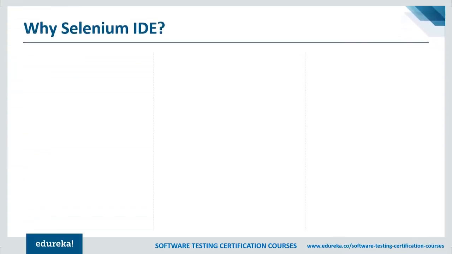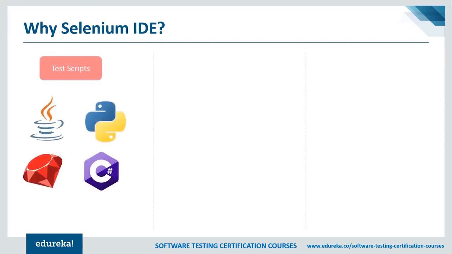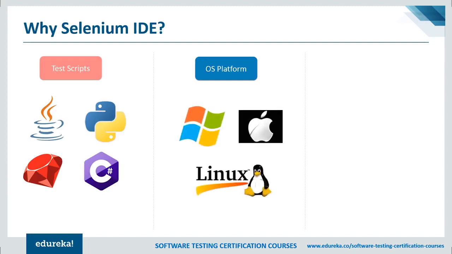So why do people prefer Selenium? The reasons behind the ever-growing popularity of Selenium are that test scripts can be written in any of these programming languages like Java, Python, C#, PHP, Ruby, Perl, and .NET as well. Tests can also be carried out in any OS like Windows, Mac, or Linux.